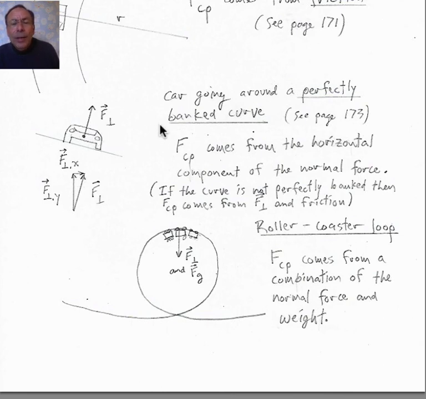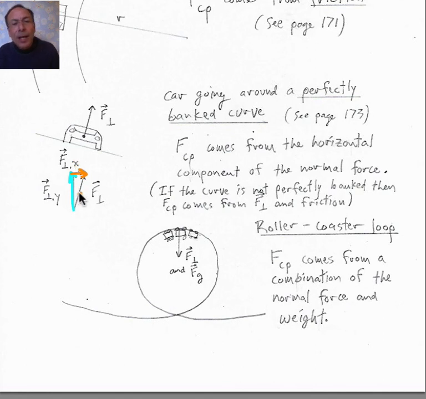And so in that case, where is the centripetal force coming from if it's not the friction? Well, it comes from the normal force, which you can decompose into a vertical part and then, here's the important thing, a horizontal part. And so that horizontal part is providing the centripetal force.